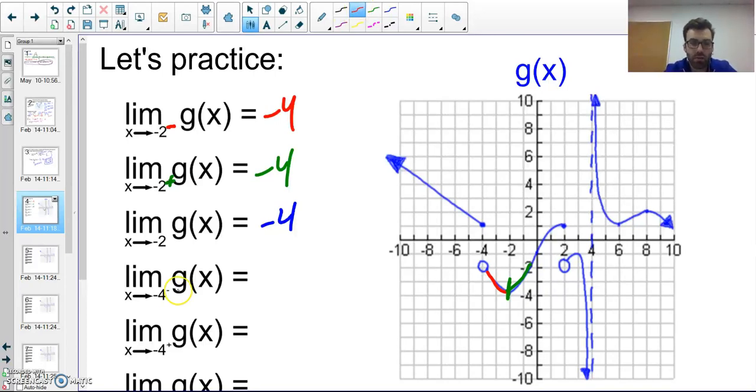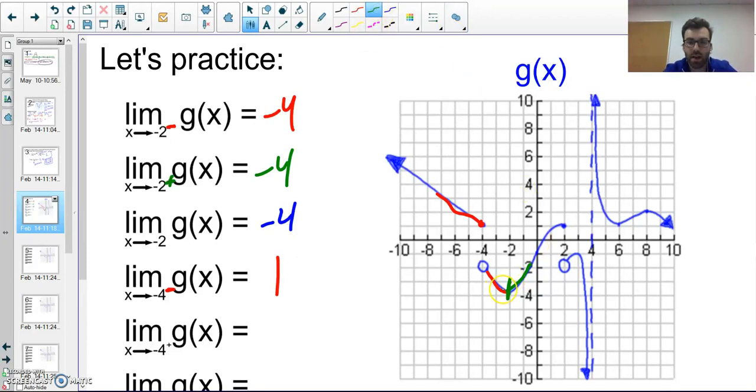Alright, so here's where it might confuse you again. The limit as x approaches negative 4 from the left. So I'm following my function down to negative 4 from the left-hand side of that function. This part is on the left-hand side, it's less than negative 4. My function hits this point right here. Well, what is that value? That is 1.